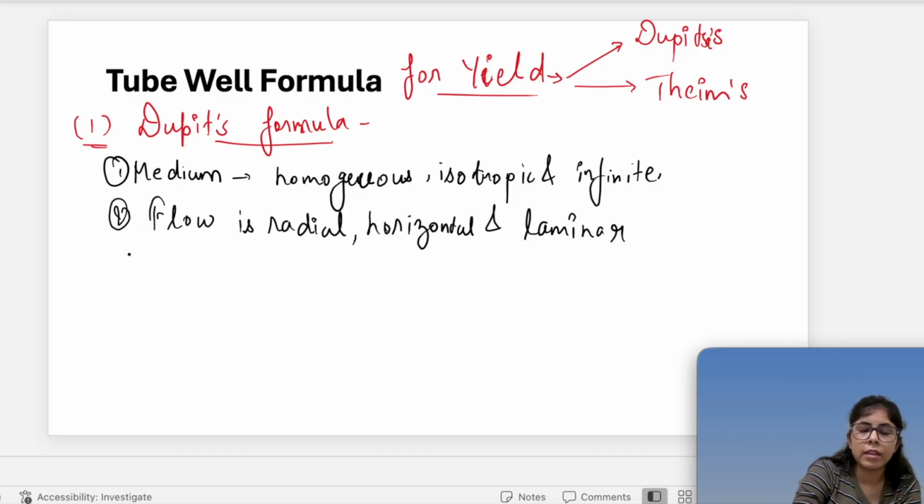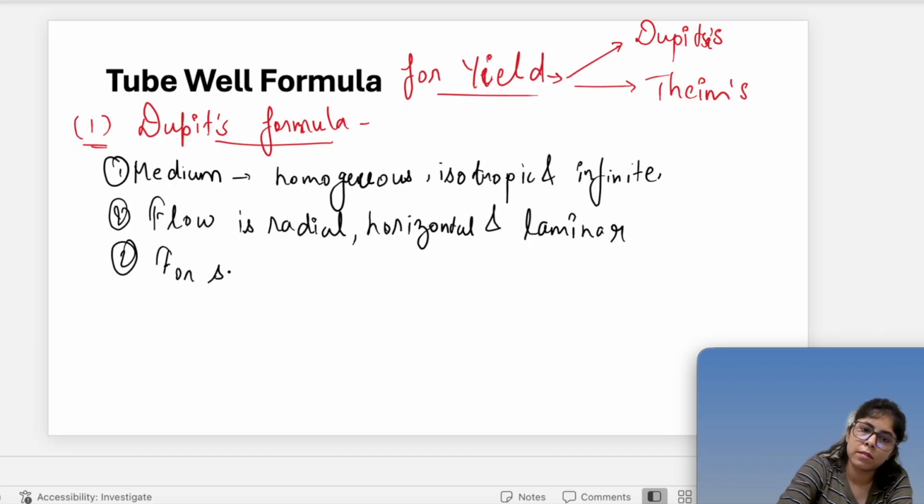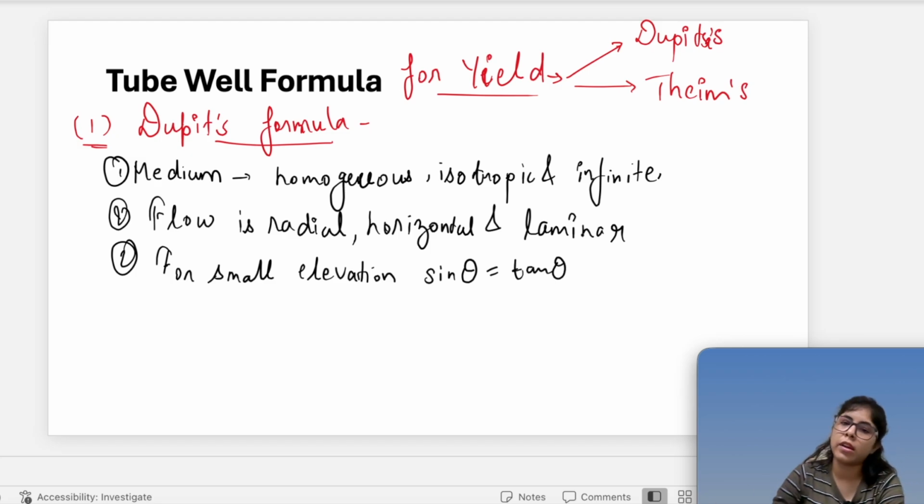Right? And then the third one is that it's for small elevation. So for small elevation we need to have sin theta equal to tan theta. So that means for a smaller angle we'll have sin theta equal to tan theta equal to theta only, right?